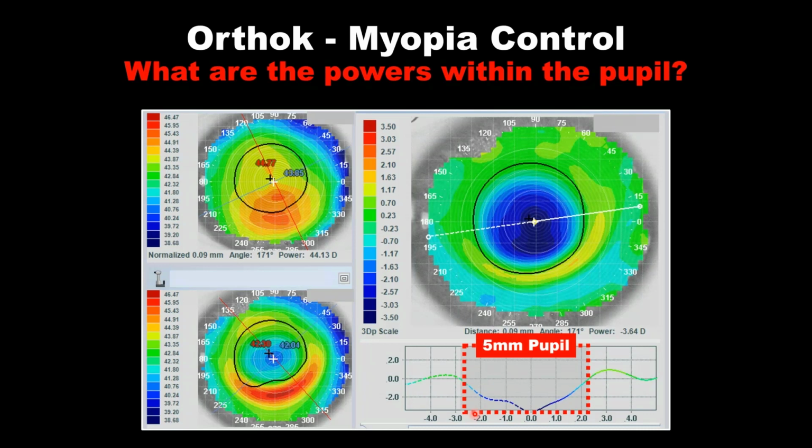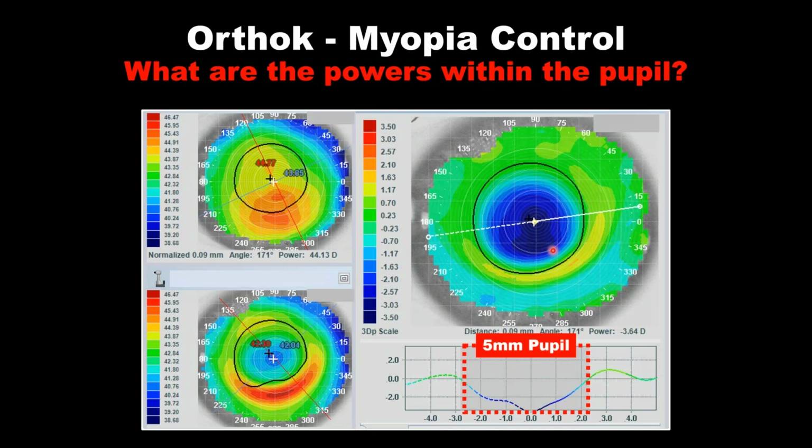Now, what about myopia control? Does pupil size matter related to the application of orthokeratology lenses and trying to slow down eye growth? Here we use the subtractive map again, compare before ortho-K to after ortho-K and measure the difference. And what you're seeing, of course, is we have a beautiful bullseye.